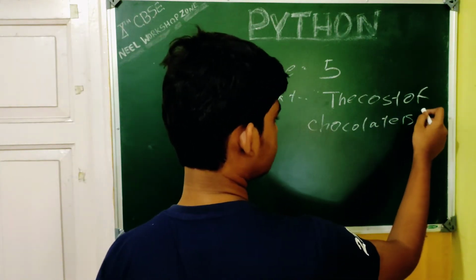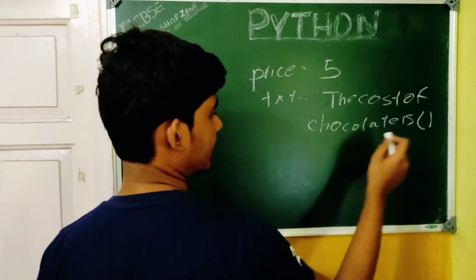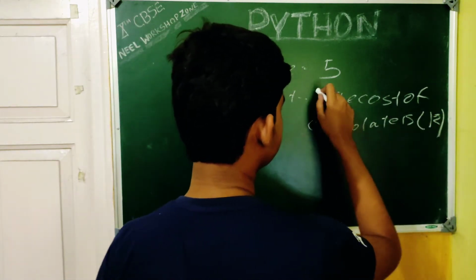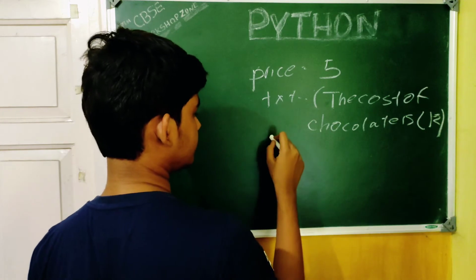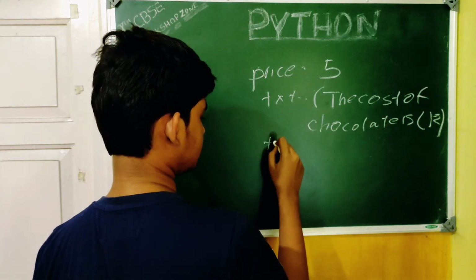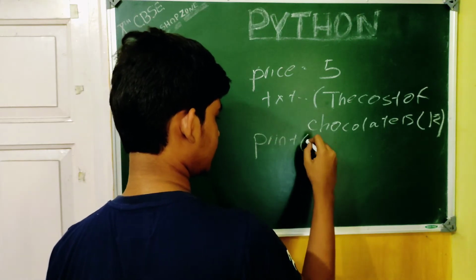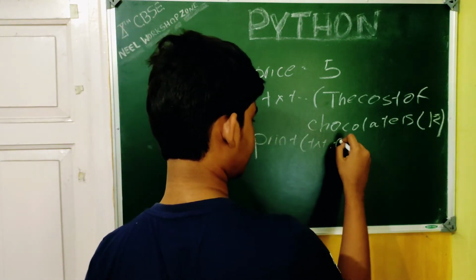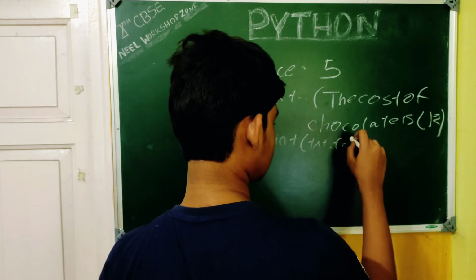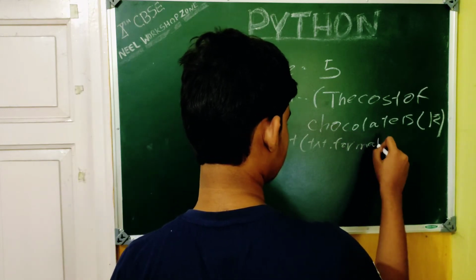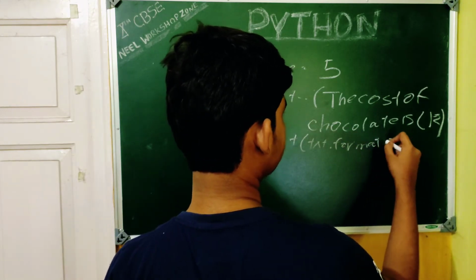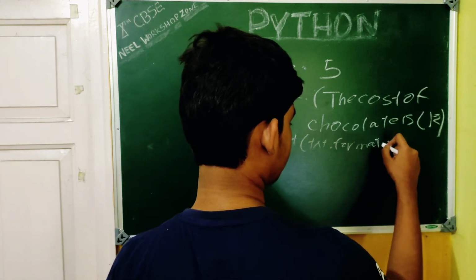So instead of writing 5 rupees, let's write curly brackets and leave it like this. Now what you can do is write text, or let's say print text dot format, price.